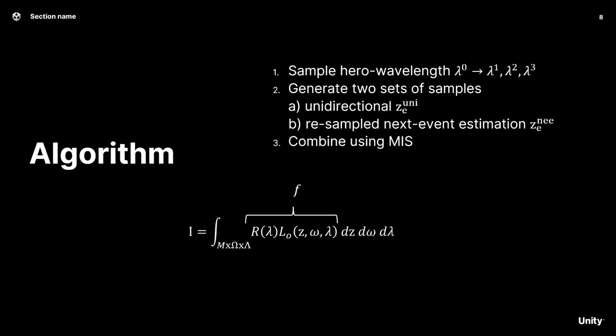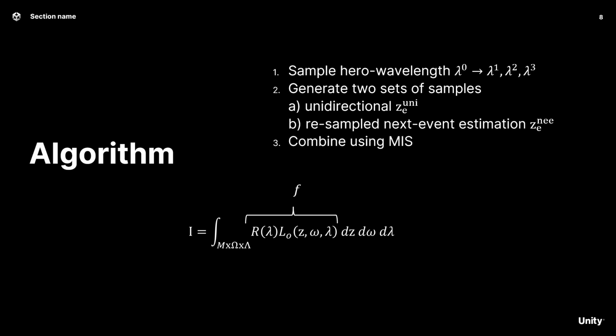We denote this simply as F, that is the contribution that we want to compute for each path. To do that, we first start with a sampling of the hero wavelength lambda 0, which gives us another 3 wavelengths that we evaluate for the same path. This is the same as Jean-Marie talked about in the previous chapter.